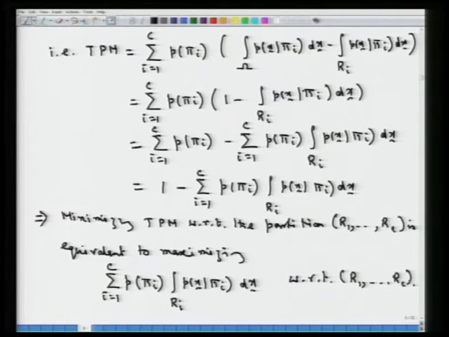Now, the partition that is going to lead us to the minimum total probability of misclassification is the same as the partition which would maximize the expression given by this.